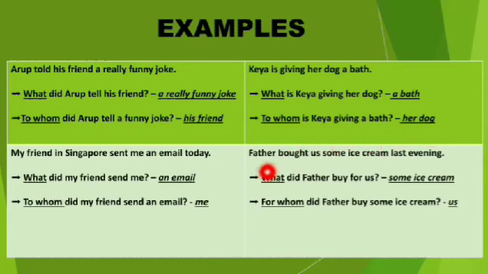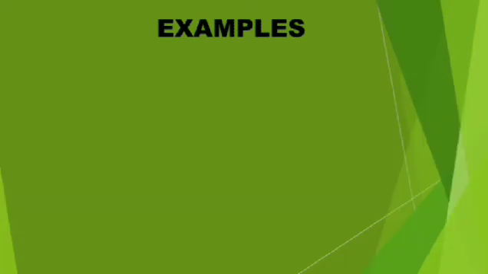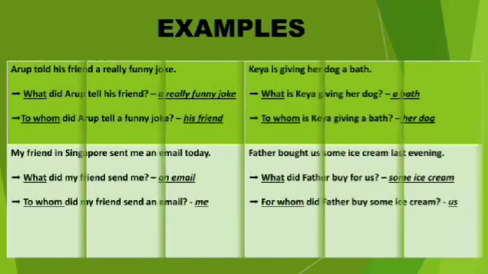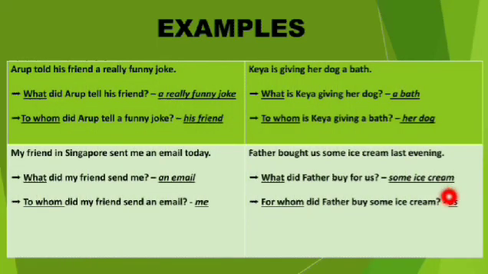In a similar way, Father bought us some ice cream last evening. What did Father buy for us? Some ice cream. So some ice cream is the direct object. For whom did Father buy some ice cream? For us. So us is regarded as the indirect object.